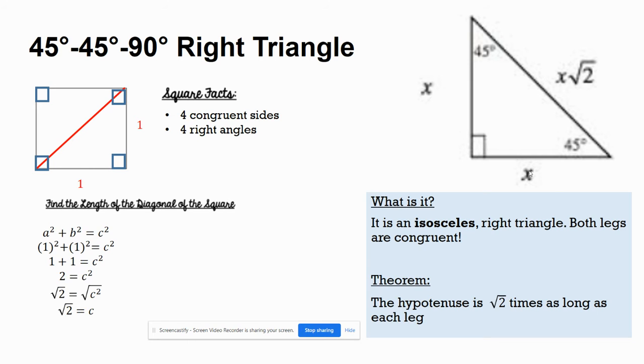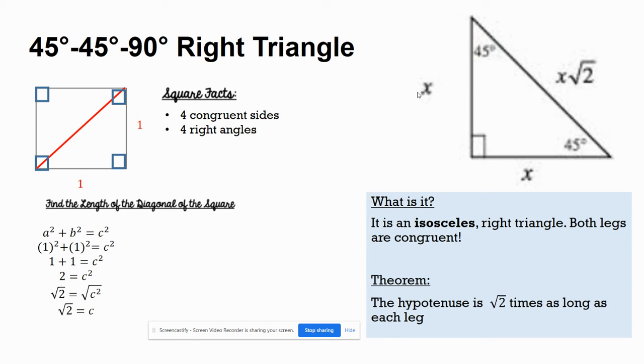This is the relationship. In a 45, 45, 90-degree triangle, it is isosceles. That means that two of the side lengths are going to be the same, which we already know that. So the two legs are congruent. The hypotenuse is whatever that leg was, you take it and multiply by the square root of 2, and that's how you would find the length of the hypotenuse.